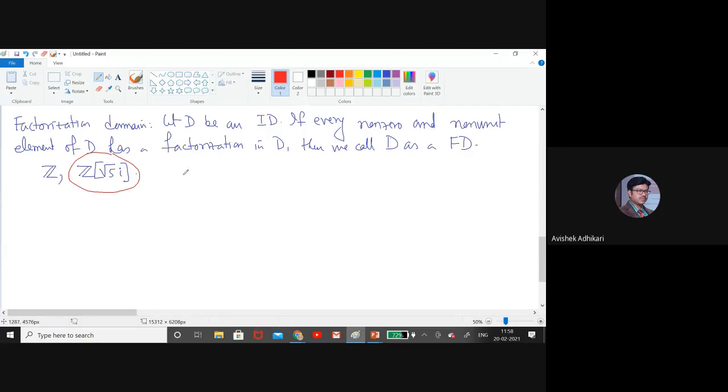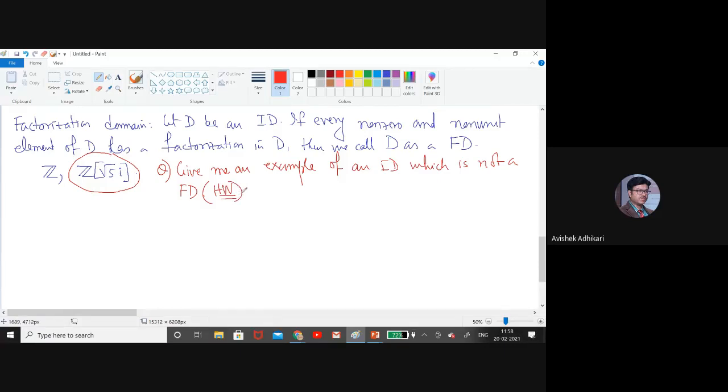So the first question that comes to your mind is, can you give an example of an integral domain which is not a factorization domain? It's quite interesting. So this is your first question, and I give it to you as homework. So please check it.